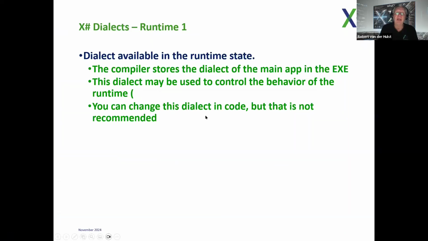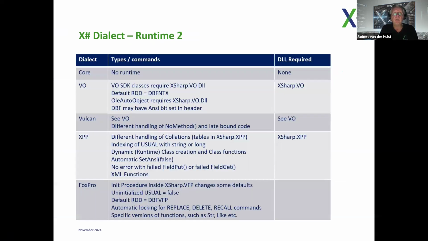The dialect, like I said, is stored in the runtime state. Many of the dialect-specific things are already defined at compile time, because the compiler decides to link in certain functions, yes or no. There are some places in the runtime where we actually have different behavior depending on the dialect.